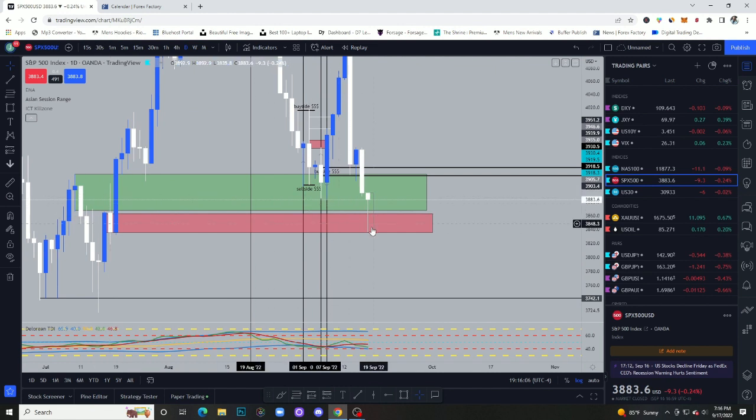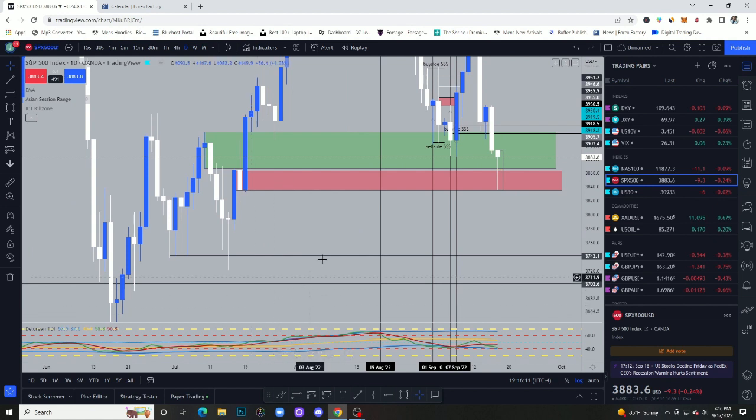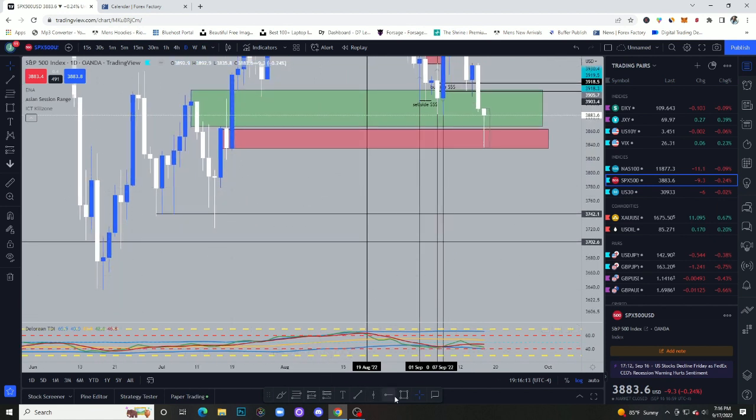If price trades below it, takes out these lows, I'm actually anticipating sometime in the next couple of months it will probably go ahead and take out these lows right here.